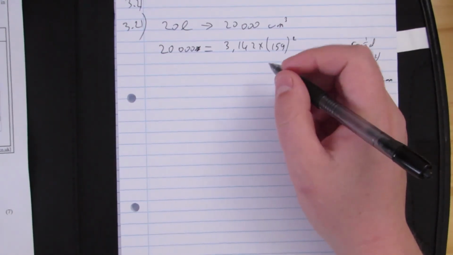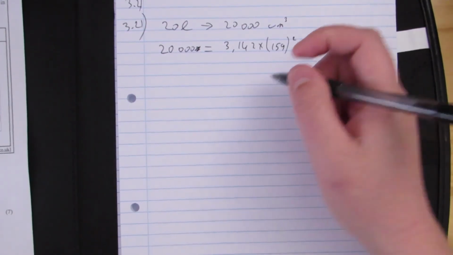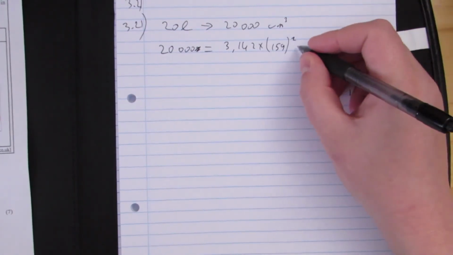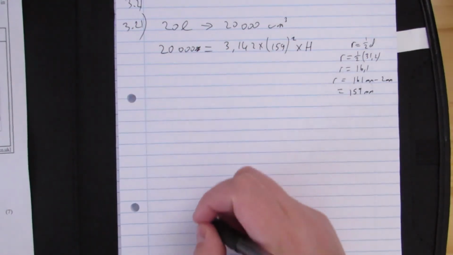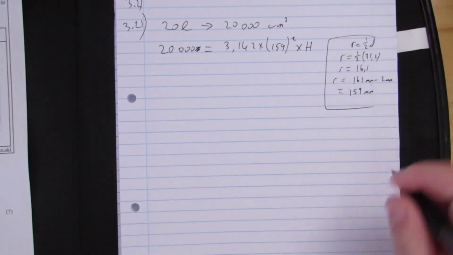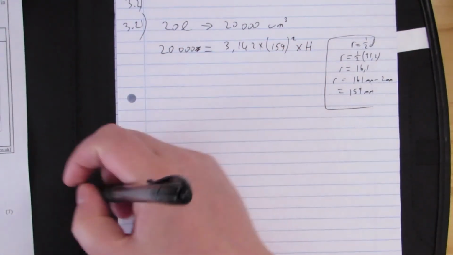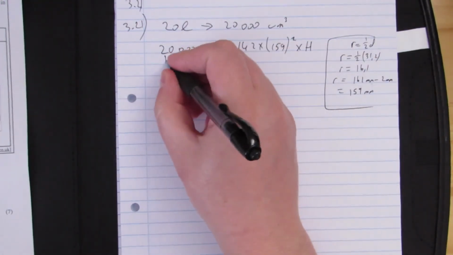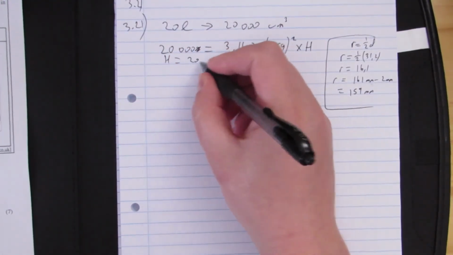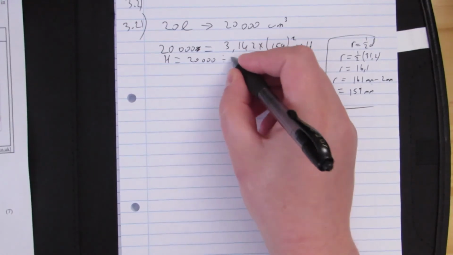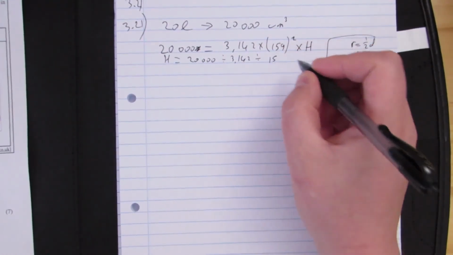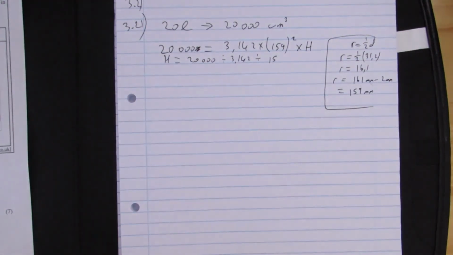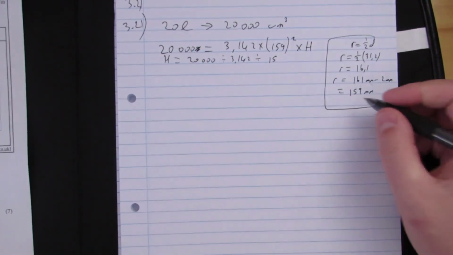And they want to know what's the maximum height in centimeters the water can have. Okay, so I don't have that h. So I'll have to work this all back there. Okay, so what we land up with is h is equal to 20,000 divided by 3.142 divided by 159 millimeters. Oh, we're working in centimeters here, sorry.